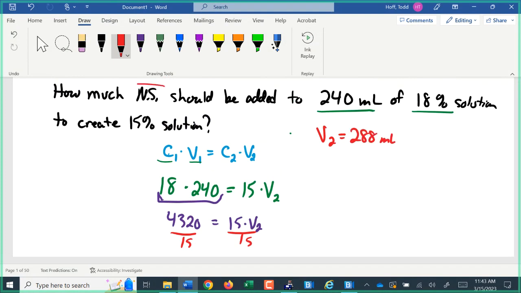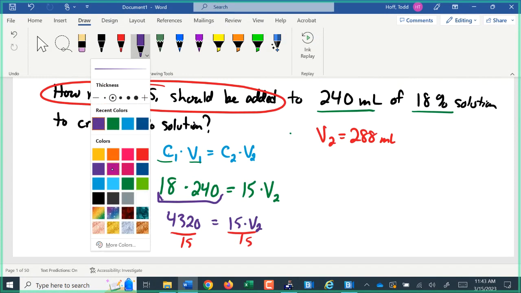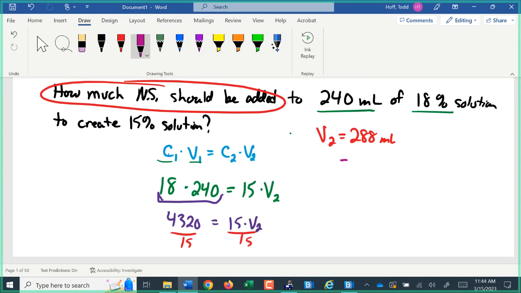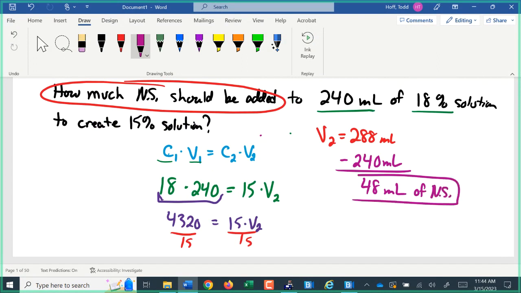But the question was, how much sterile water should be added? The final volume is 288, but the amount of sterile water is that final volume minus the initial volume of 240, because all we've added is the NS, or sterile water. So we subtract, we get 48 milliliters. The total change in volume is accounted for by the NS. So we add 48 milliliters of NS.